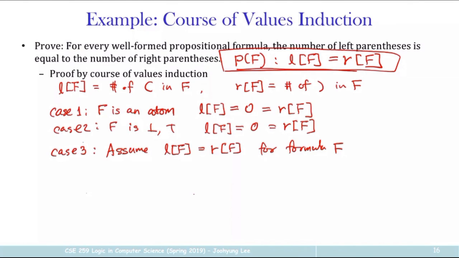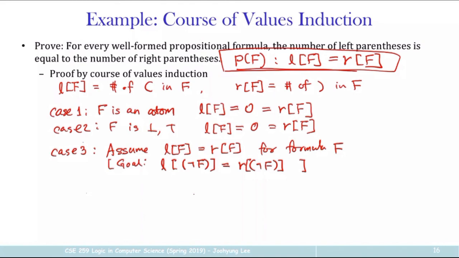Now, the goal, let me just copy the goal here, it's not yet proven, is to show that this new formula that precedes f with the negation also has the same number of left and right parentheses. This is the goal that we want to prove.